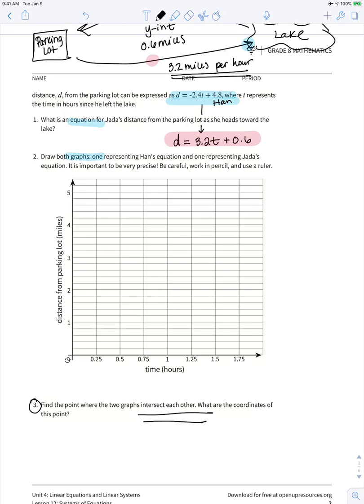Okay, I'm going to do just a quick sketch of the graph. You should have graphed it by now. Let's see, try and make this as accurate as possible. Okay, that's a good amount of points. So right now that line is going to represent Han, because that starting point is at 4.8, which is right here.